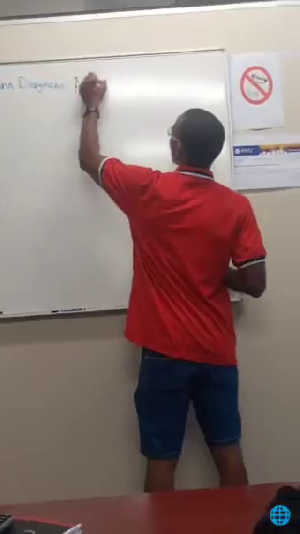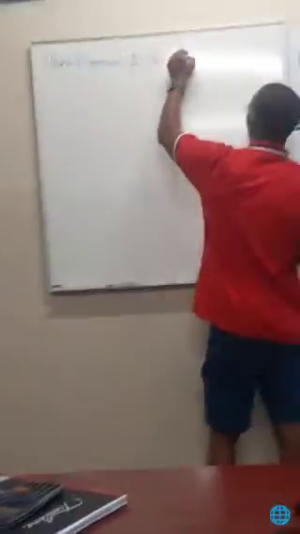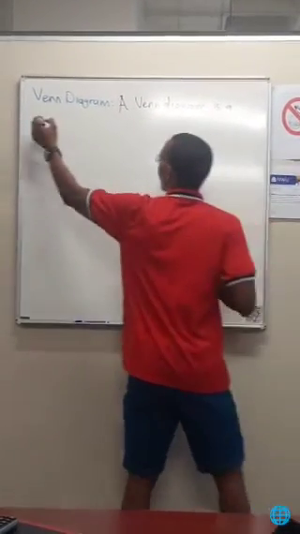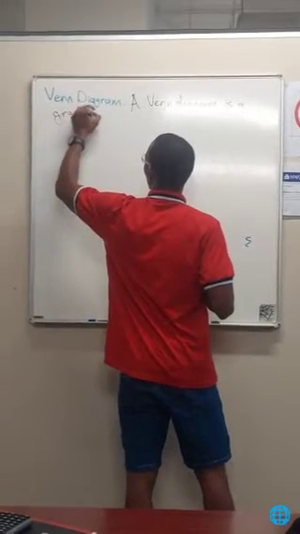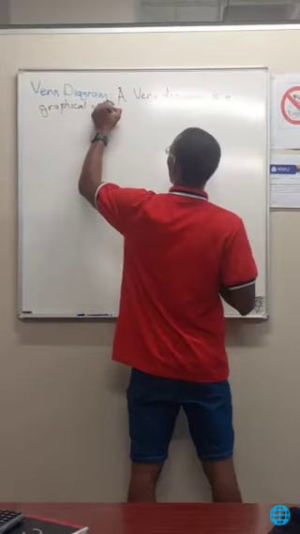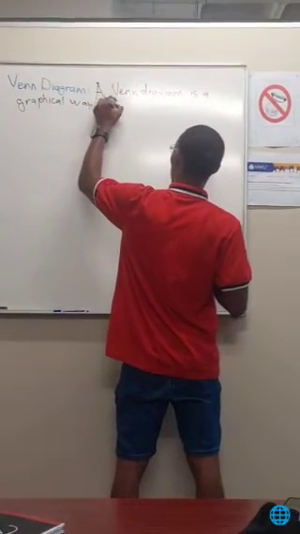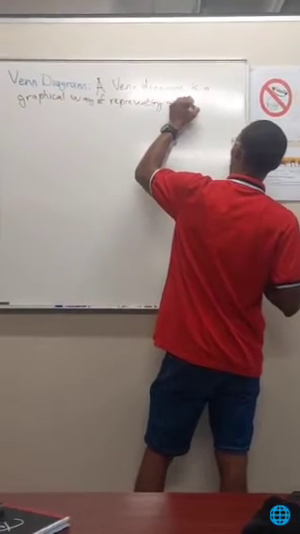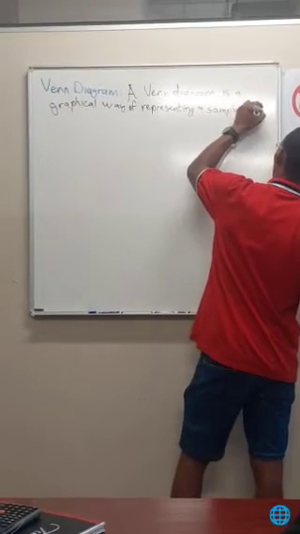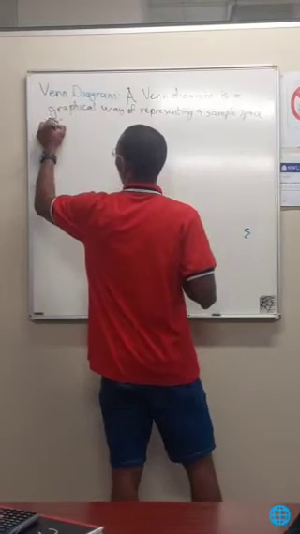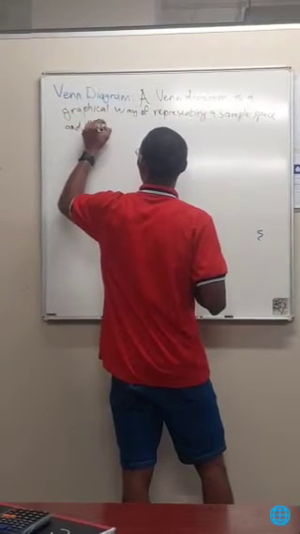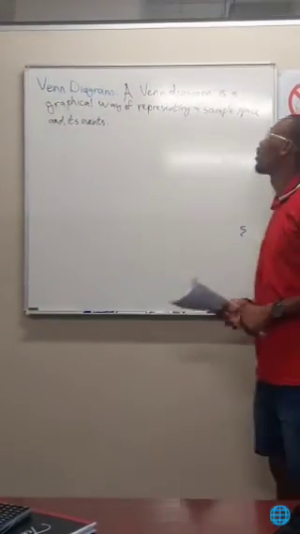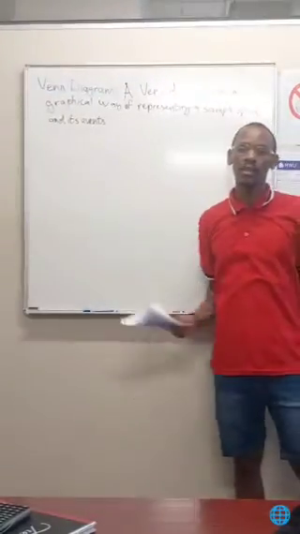A Venn diagram is a graphical way of representing a sample space and its events.